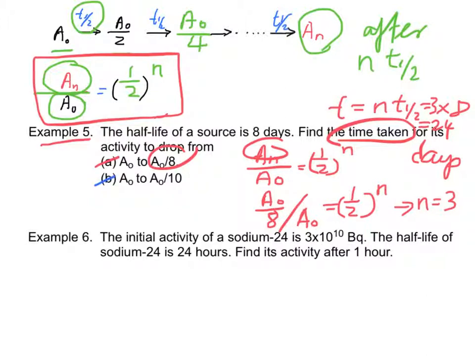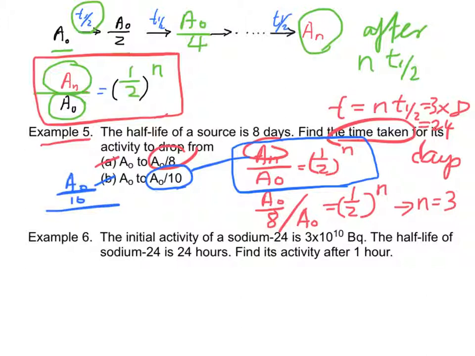For part B, we have A n over A lot equal to 1 over 2 to the power n again. Now A n equal to A lot over 10. Therefore, we have A lot over 10 over A lot equal to 1/2 to the power n equal to 1 over 10.